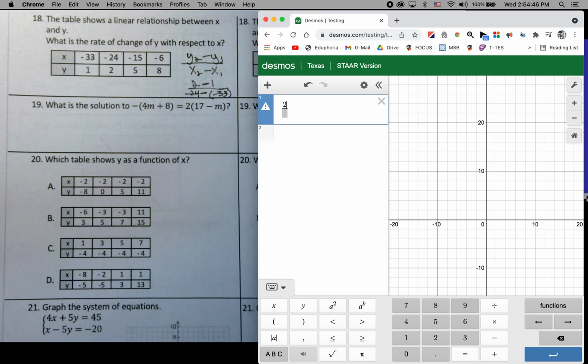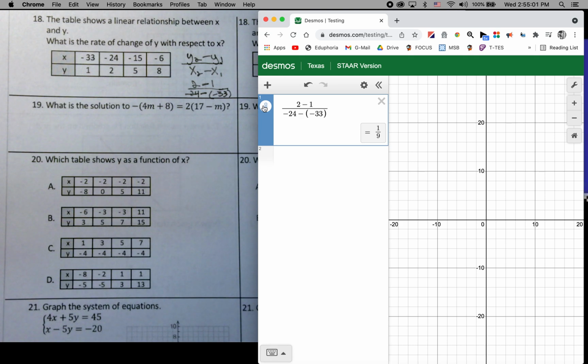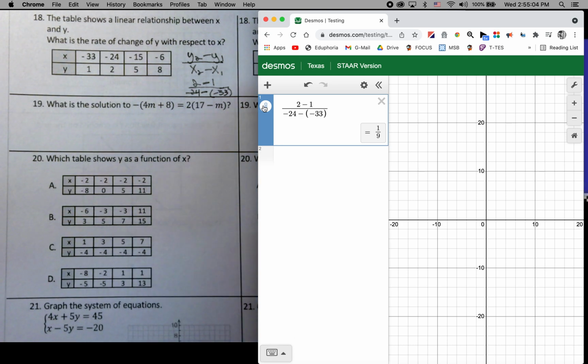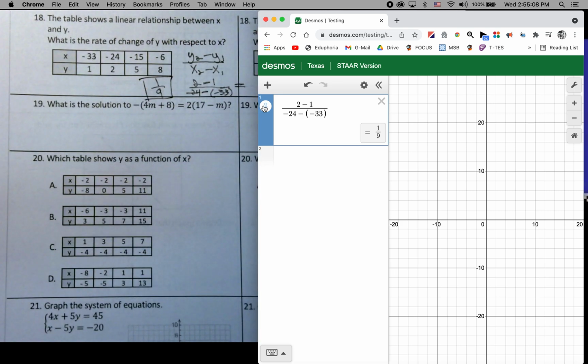I'll put 2 minus 1 all over negative 24, parenthesis, negative 33, close parenthesis. Oh, I forgot to put the minus sign. There we go. And then I don't like that. I'm going to turn that into a fraction. That equals 1 over 9. There you go. That's your answer.